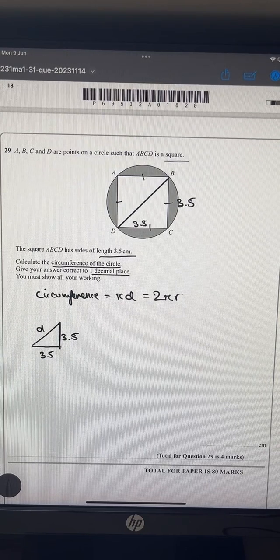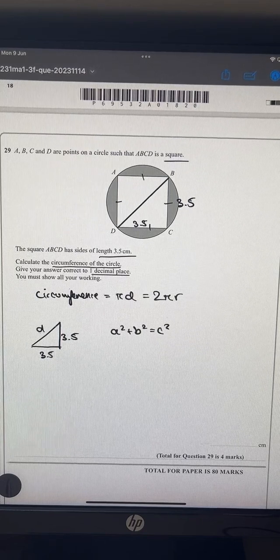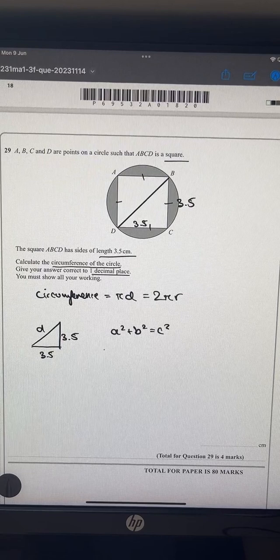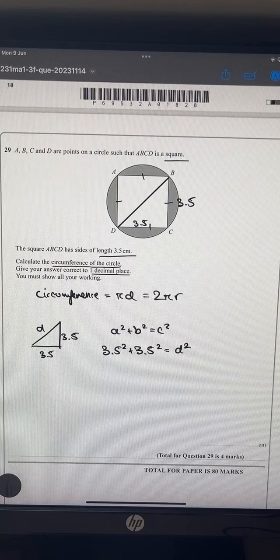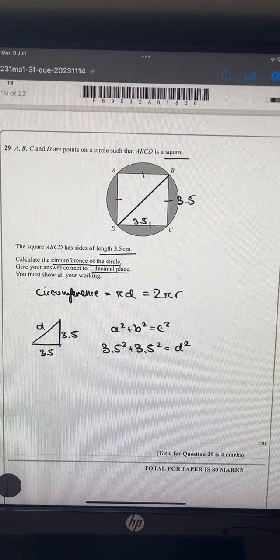So, using Pythagoras, it tells me that a squared plus b squared equals c squared. C squared is important. That's the longest one, right? Because something plus something equals something that's big. So this is going to be c. So 3.5 squared plus 3.5 squared equals d squared. So if I add these, I get 49 over 2 equals d squared.